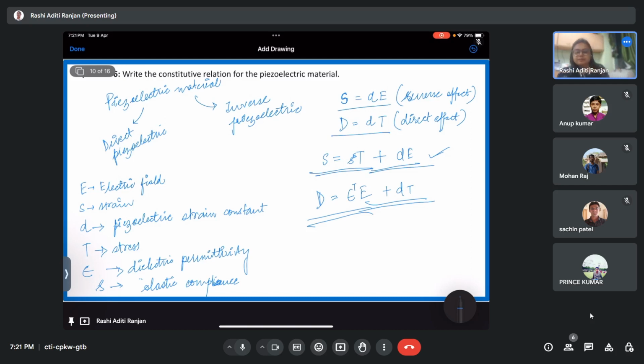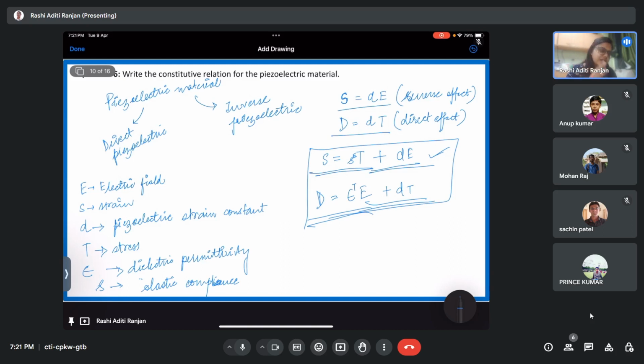See, here I have written it in terms of S and T and everything. But in the case of an elastic system, we have a three-dimensional system. A system can deform in any of the three dimensions.